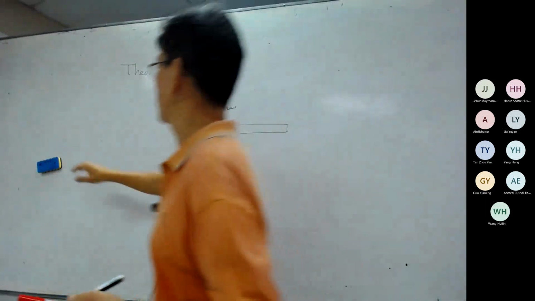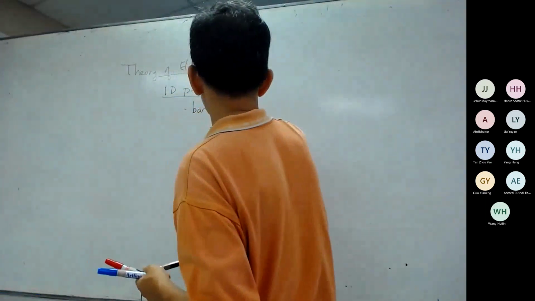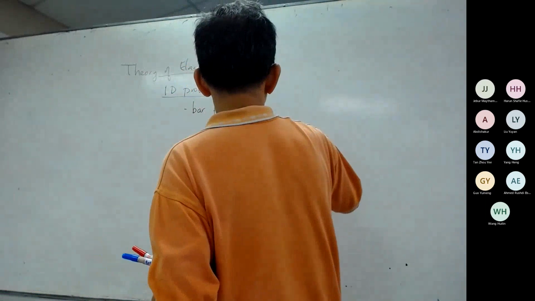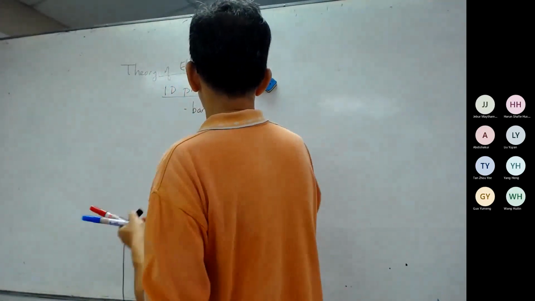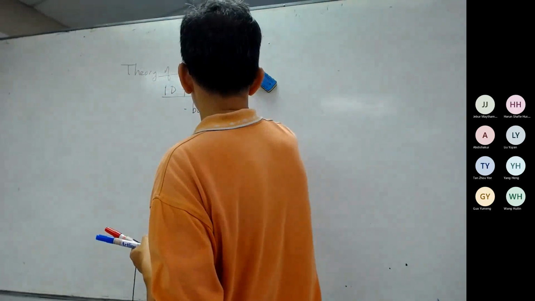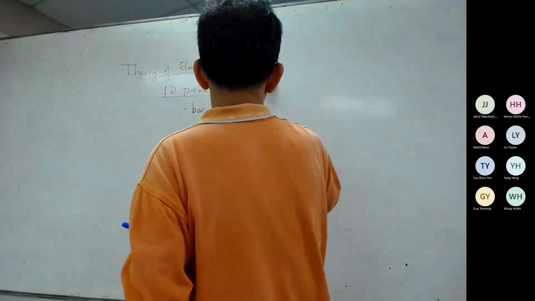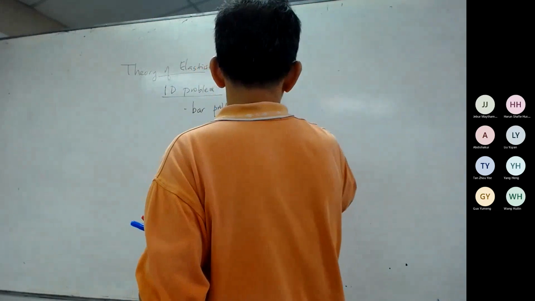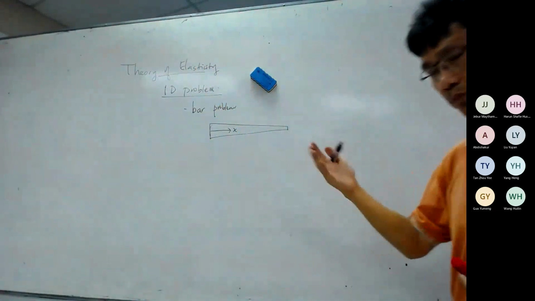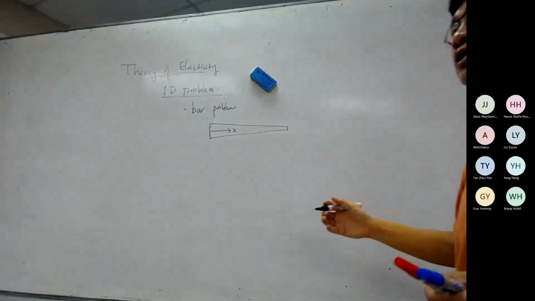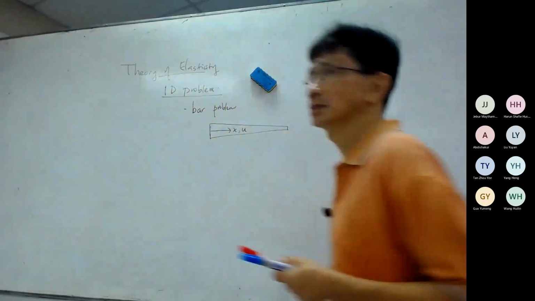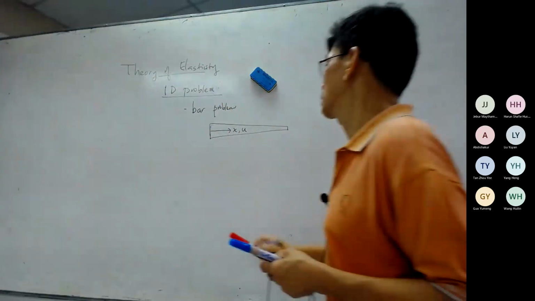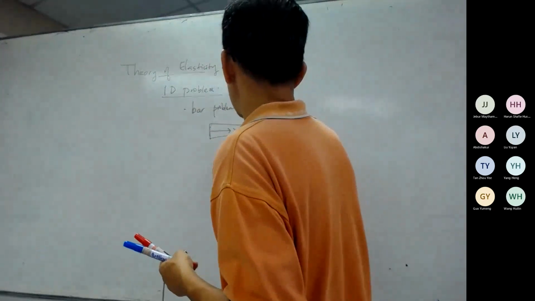In general, the bar can also change in cross-sectional area. Okay, and then we have only one displacement which is non-zero. So displacement only one.